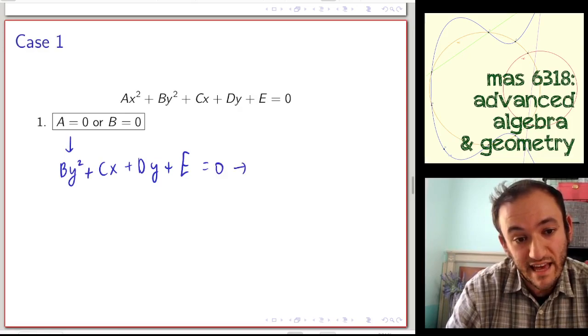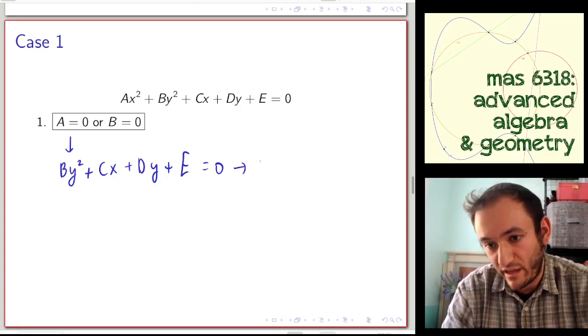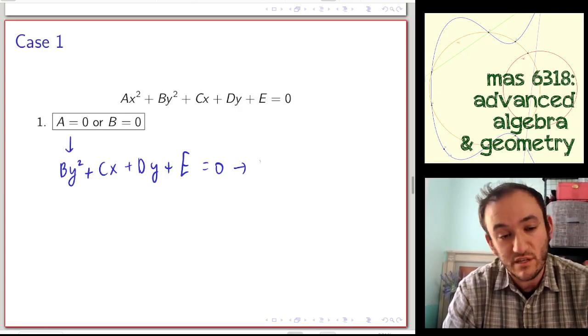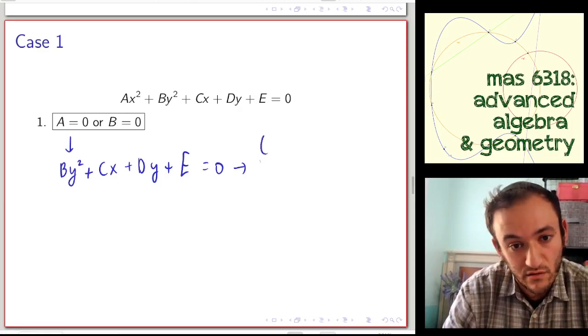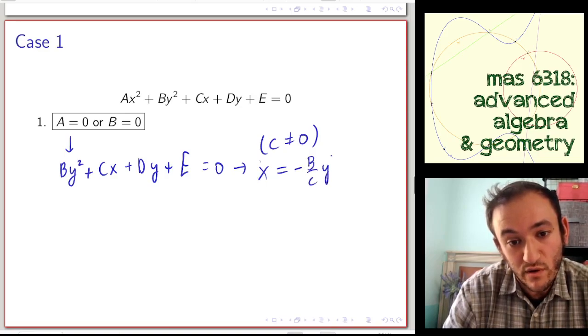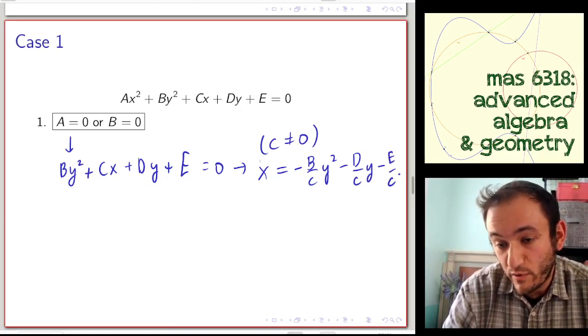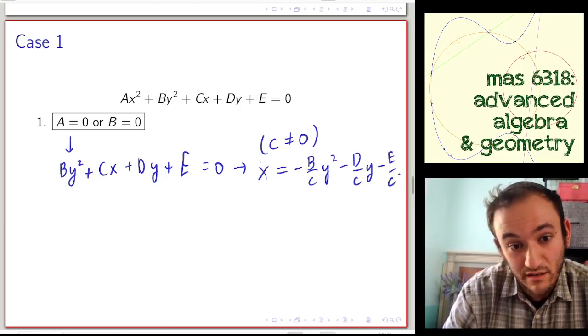If c equals 0, that will end up being a pair of lines. But assume c is not equal to 0. Then you can divide everything by c, and you get x equals negative b over c y squared minus d over c y minus e over c, which is a lovely equation for a horizontal parabola.